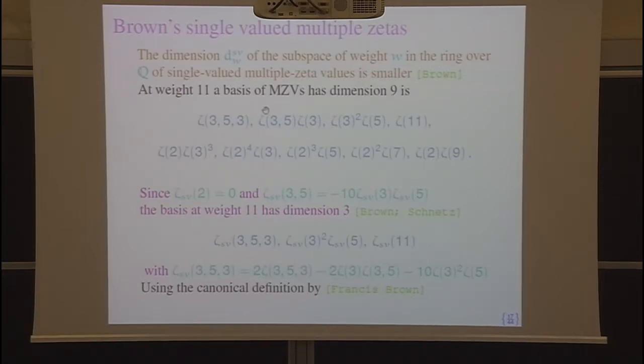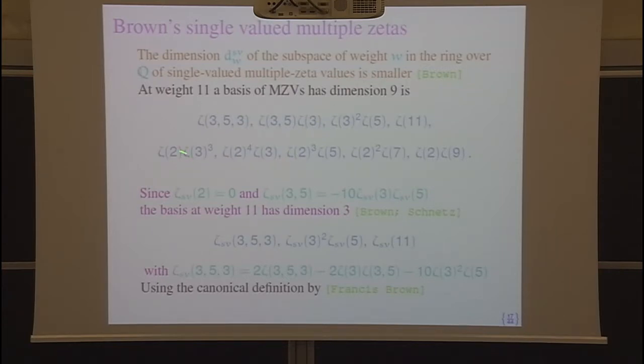So just to tell you how this thing simplifies, at weight 11, this is all possible multiple zeta values you can write. So there is zeta 11, but as well there is this irreducible zeta 3, 5, 3. And the statement is that all these guys are independent. You cannot find linear combinations with integer coefficients between these guys.